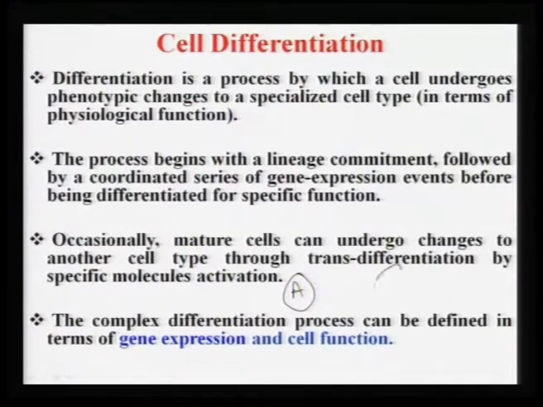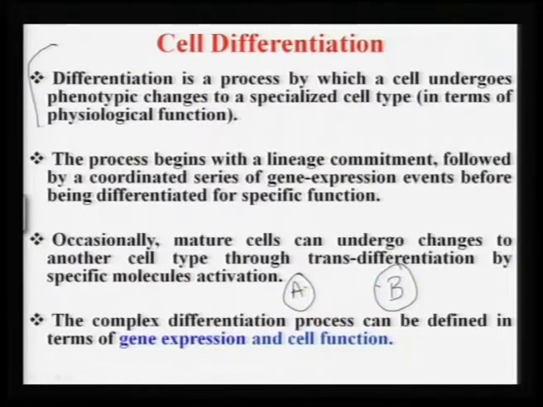Suppose this is cell A and this is cell B. If I say cell A has different gene expression than cell B, that means in cell A, in the nucleus DNA, if both are eukaryotic cells, they have different efficiency of protein synthesis compared to the genes in cell B. Ultimately the function of these genes is related to the function of protein synthesis.